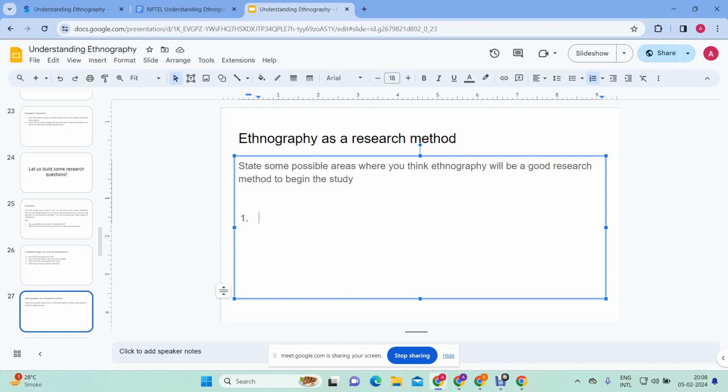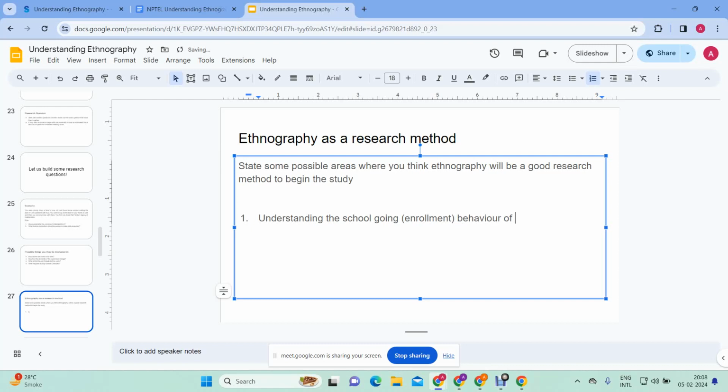School going behavior of slum children. Right, exactly. Or maybe not just that. Let's go to the understanding part, right? Understanding the school going behavior, maybe enrollment behavior of.